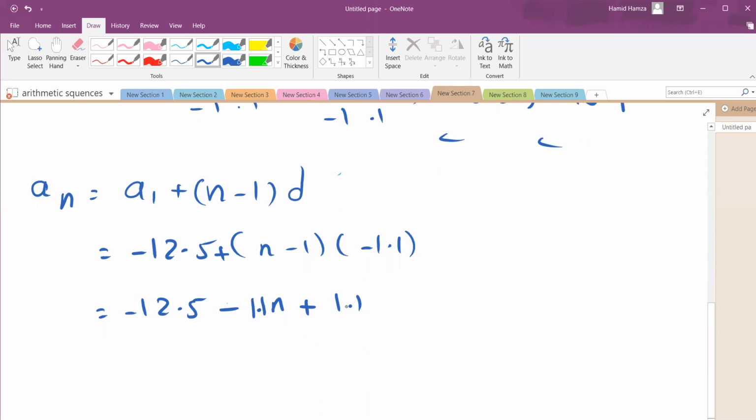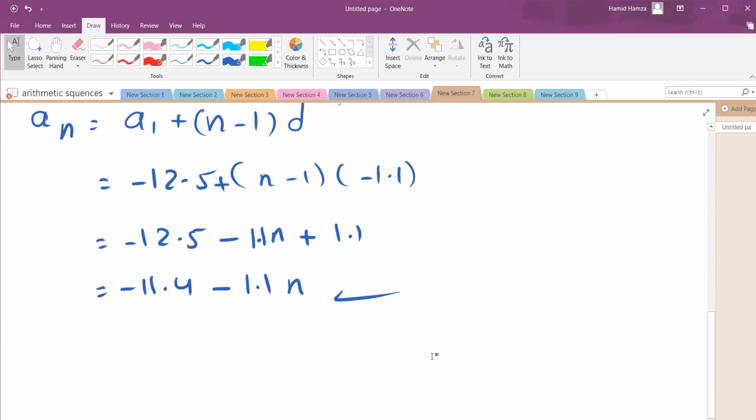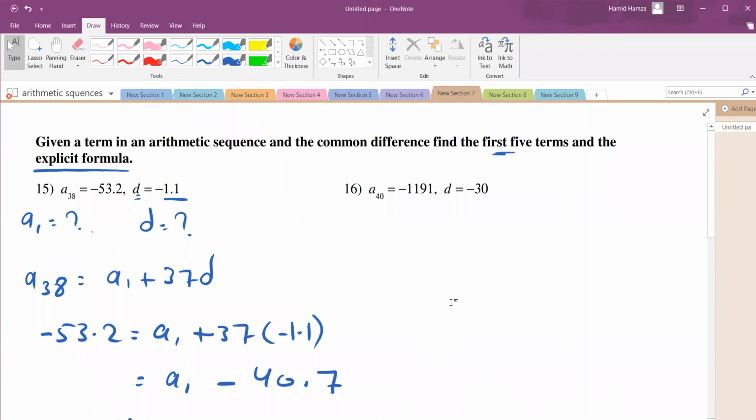So the answer will be negative 11.4 minus 1.1N. This is the explicit formula. This one is like the first, so no difference between them. We will find A1 and solve the same way.